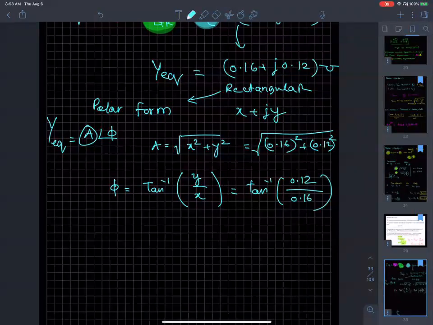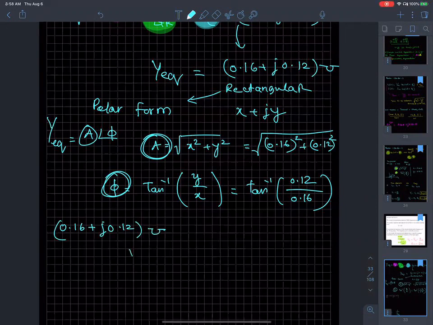Now, once I do this, I get a value for A and a value for phi. 0.16 plus j0.12 mho, which is the Y equivalent, is expressed as A angle phi to be 0.2 angle 36.87 degrees.